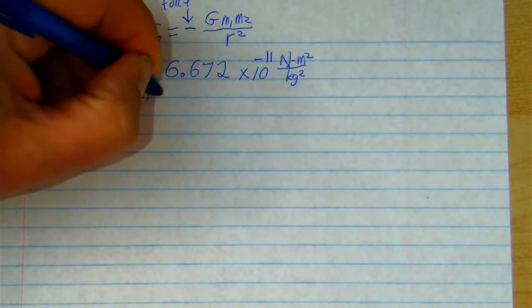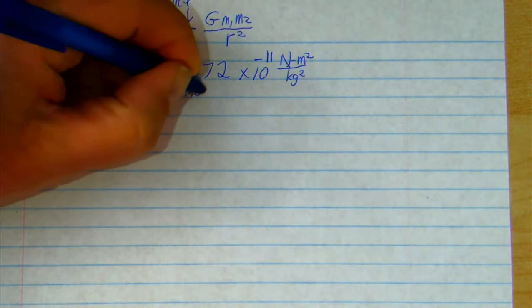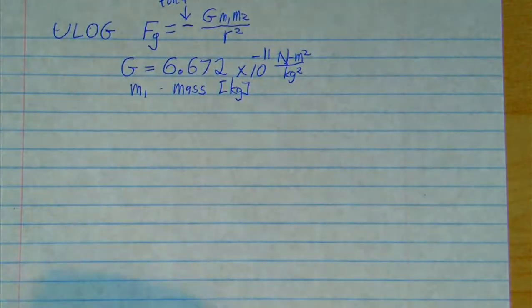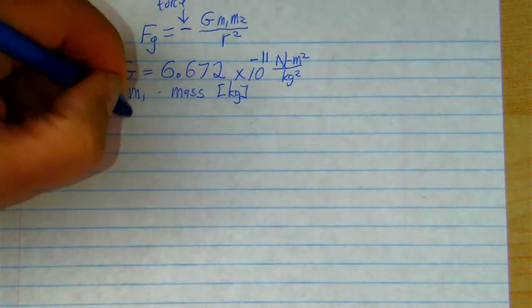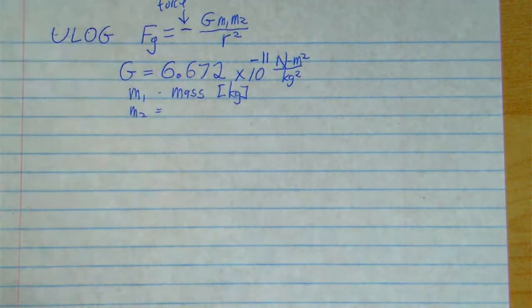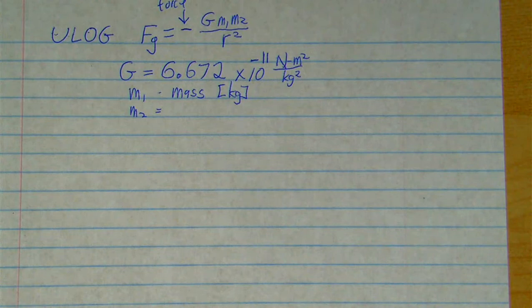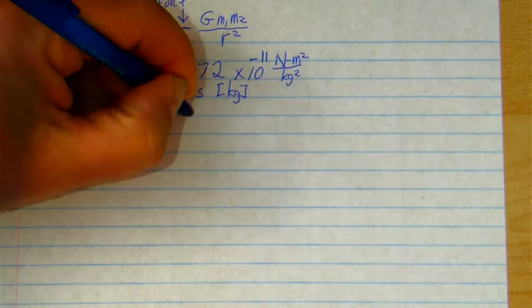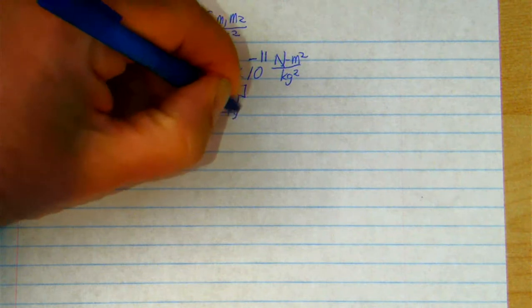M1 is the mass of the first object. Must be in kilograms. M2 is the mass of the second object, again in kilograms.